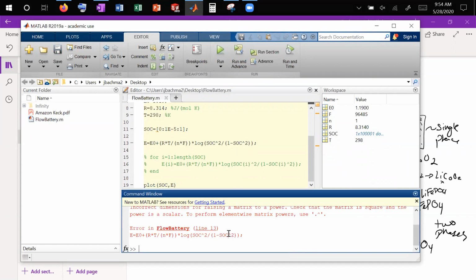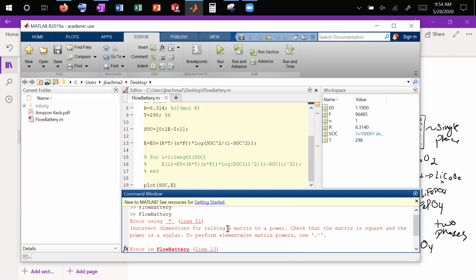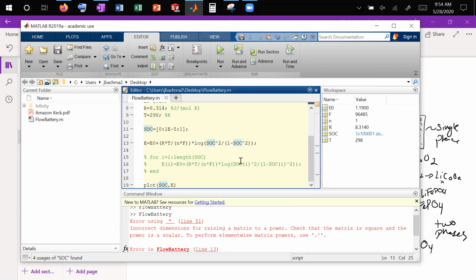But you're going to see incorrect dimensions. For example, it wants to do a dot before it raises it to the power. Oh, I also made a mistake here. Look at this, because this is 1 minus SOC, and it's squared out here.